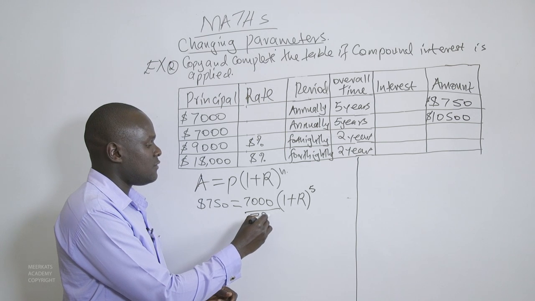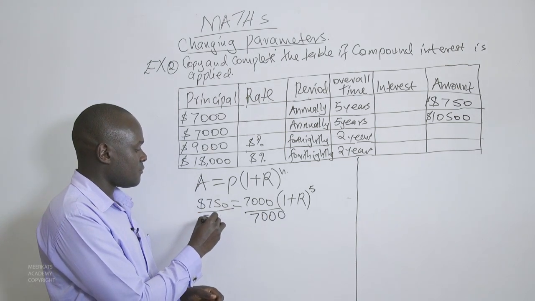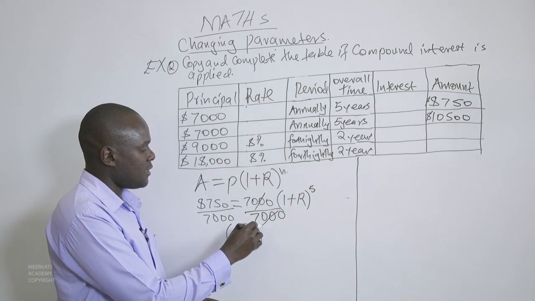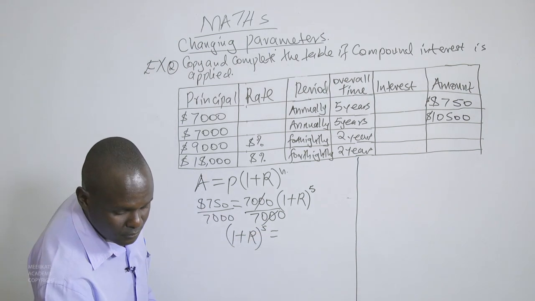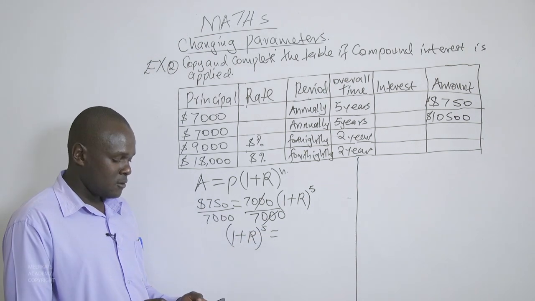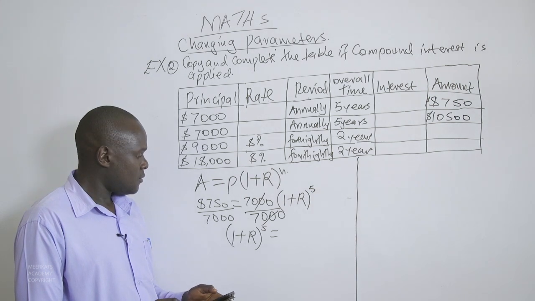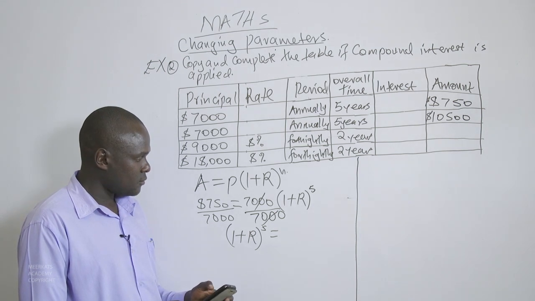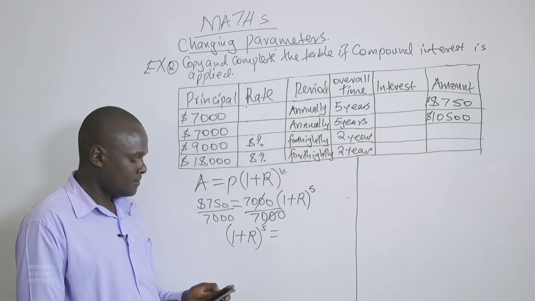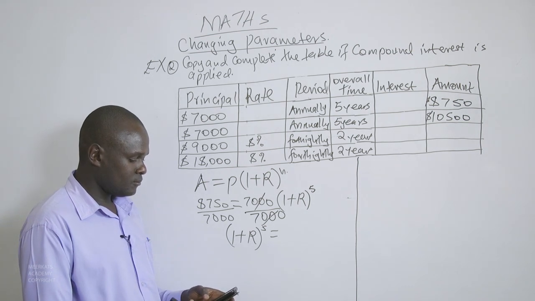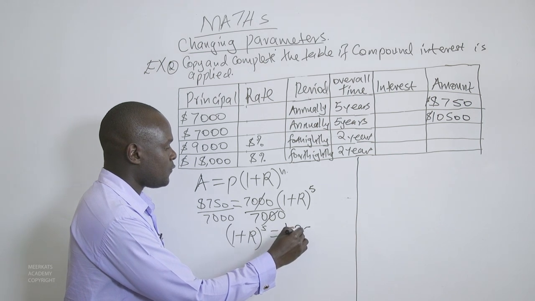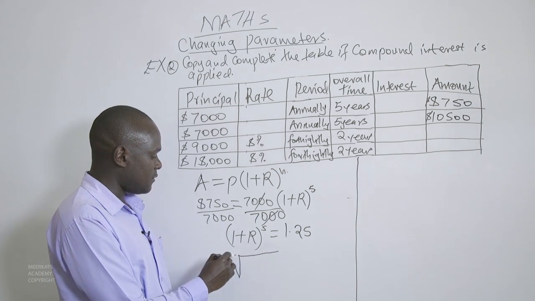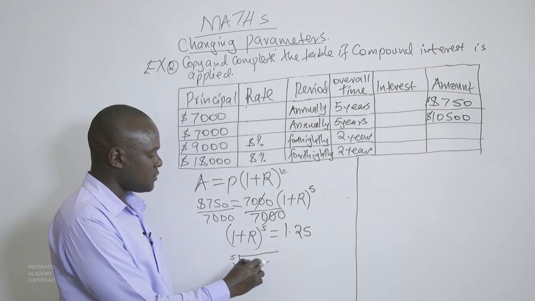We divide by 7,000 on both sides, so that ultimately our 1 plus r raised to power 5 will be equal to 1.25. So for us to remove this power, we get the fifth root on both sides, just like in the first example.